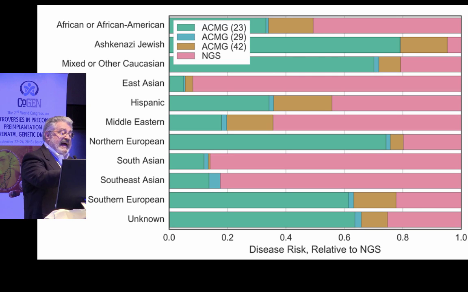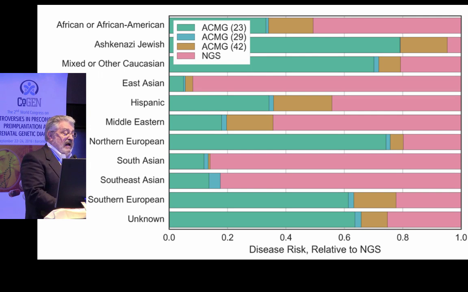If you look at the smaller 23 mutation panel in green, you can see how that varies among the ethnicities, both being quite high in Ashkenazi Jewish individuals and Northern European, but much smaller in Southeast Asian and South Asian and East Asian.